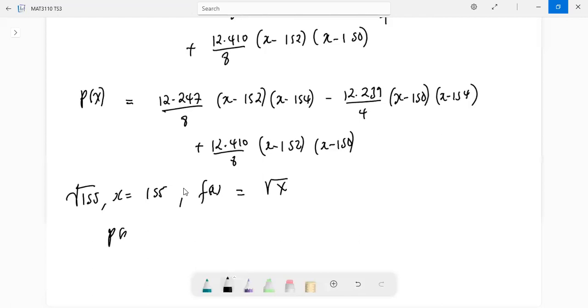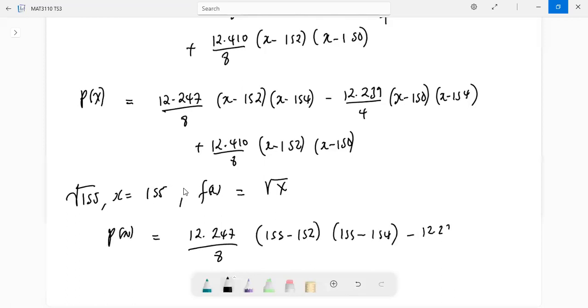Okay, so P of x is equal to 12.247 over 8, 155 minus 152, 155 minus 154, minus 12.239 over 4, 155 minus 150, and then times 155 minus 154.